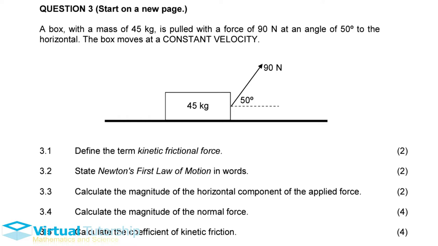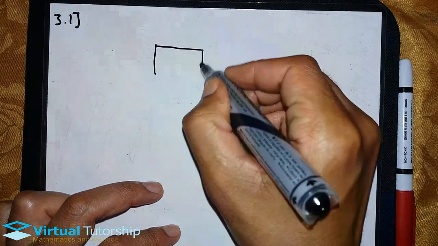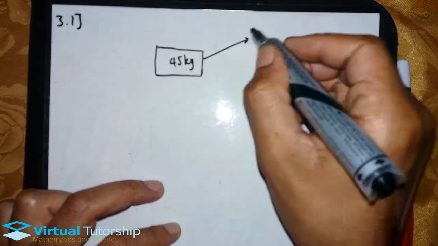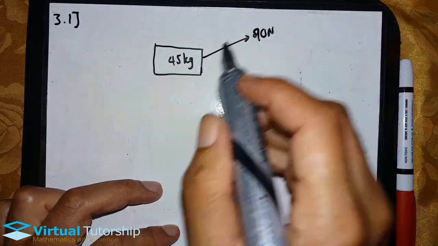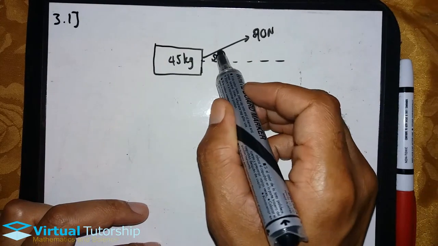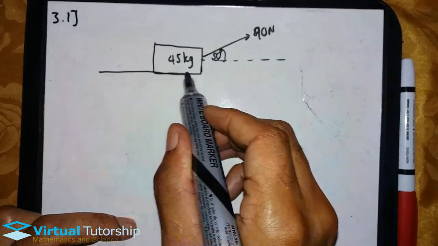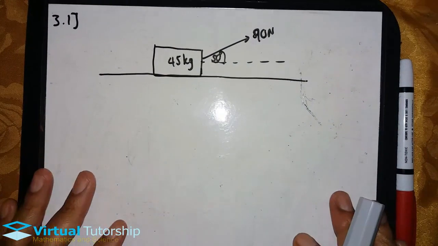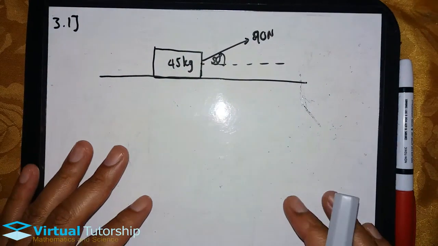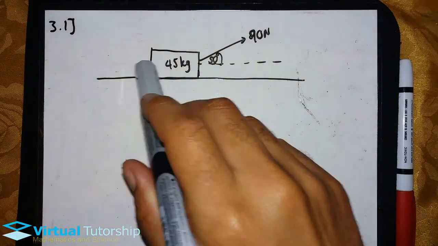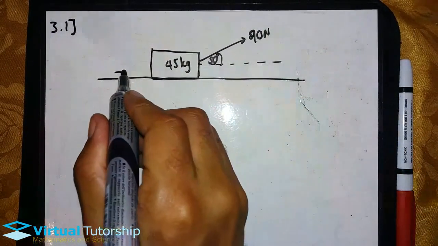3.1 asks us to define the term kinetic frictional force. Let's take the very same object they gave us as an example, just to explain the term. There's a 90 newton force applied to the object at an angle of 50 degrees, and the object is in contact with a surface. The minute it moves, it will experience a frictional force.